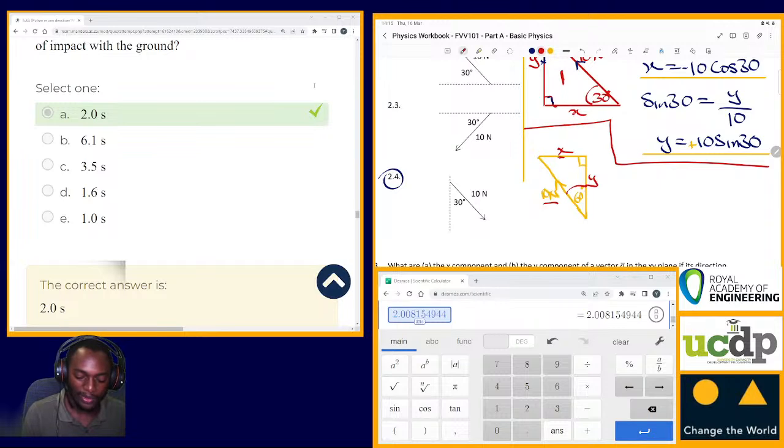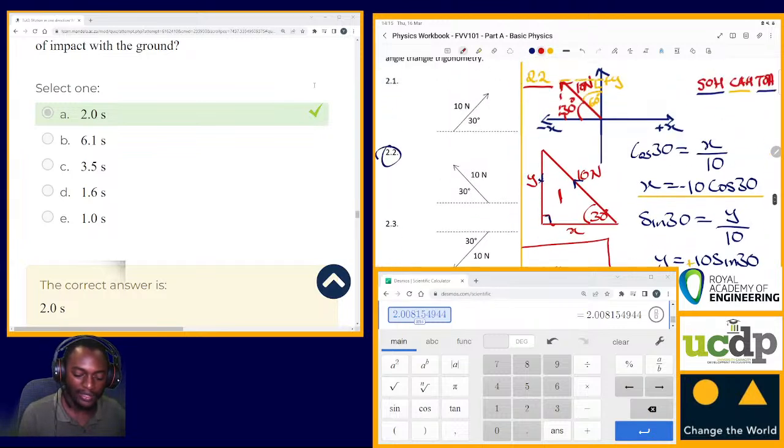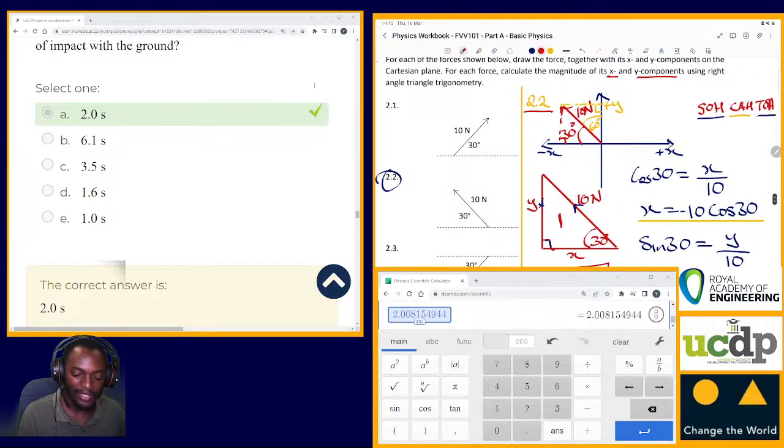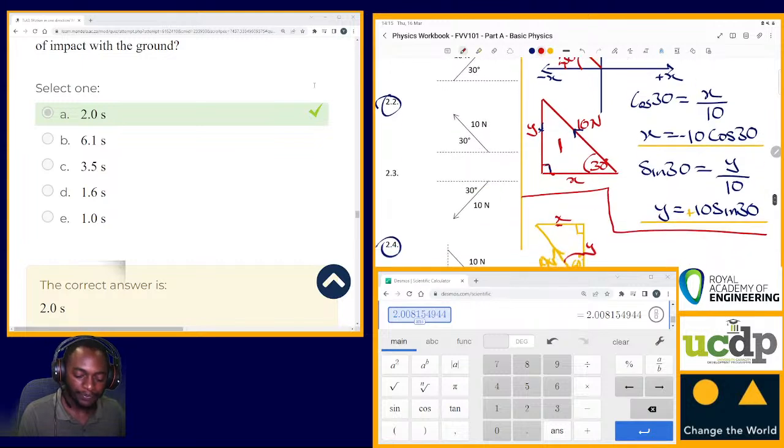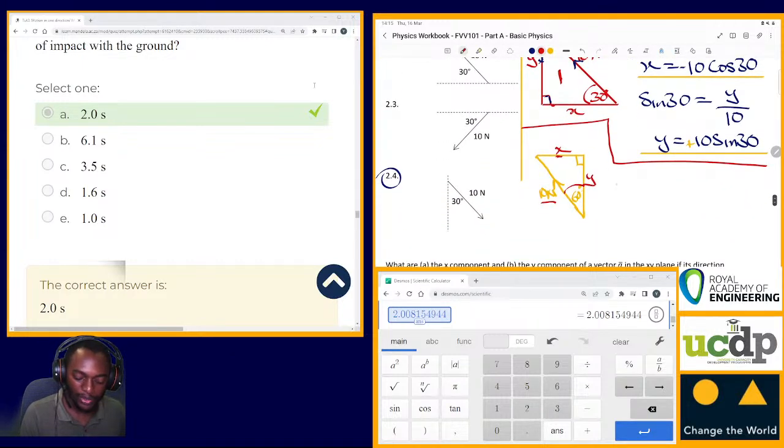But our angle is no longer 30, it's now 60. So sine 60 equals x, the opposite over the hypotenuse, 10. So x is equal to 10 sine 60.